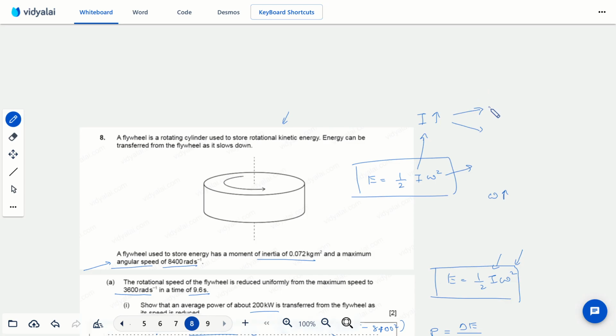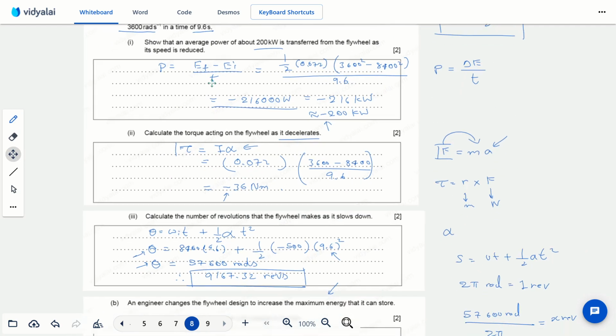One way is to increase the total mass of this flywheel, and another way is to redistribute this mass so that more of the mass is now situated at the edge of this flywheel and not at the center. Mass to the edge of the wheel. So these are two ways of doing it.